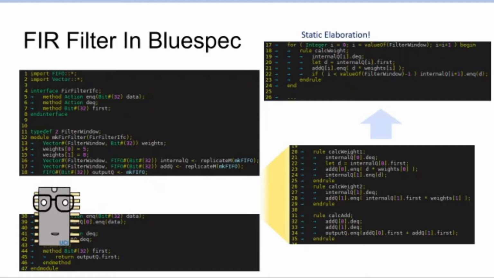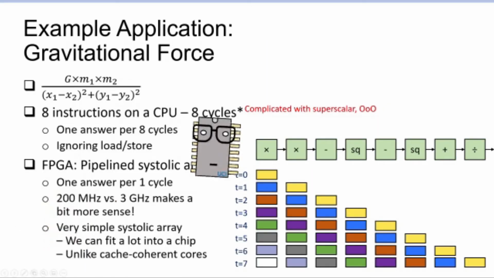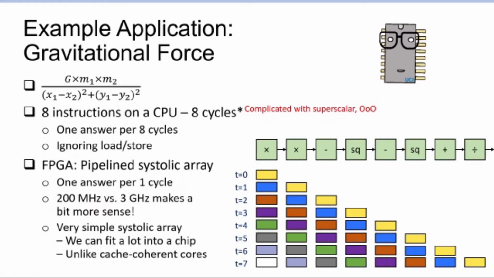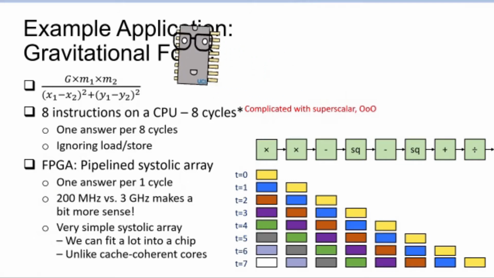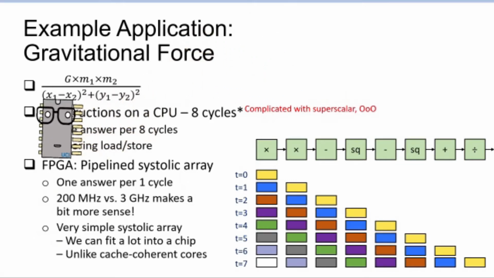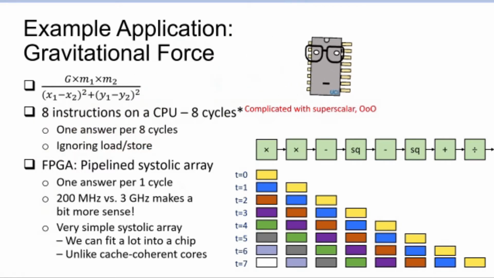And we're going to move forward to look at a couple more examples, just to give sort of a feeling for how these kind of designs are done. Another example application is something I showed once in one of the previous slides, calculating gravitational force between two particles, located at x1, y1, and x2, y2, mass of m1, m2.